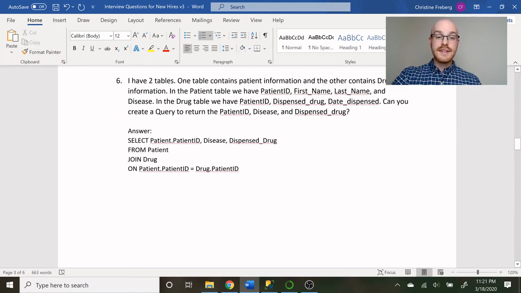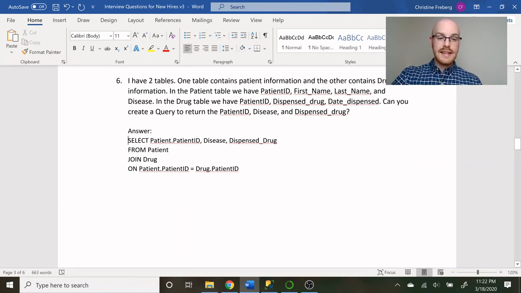So now let's look at number 6. It says, I have 2 tables. One table contains patient information and the other drug information. In the patient table, we have ID, first name, last name, disease. In the drug table, we have patient ID, dispensed drug, date dispensed. All you want to do is combine these tables and have patient ID, disease, and dispensed drug. So in order to do that, you're just going to do an inner join.